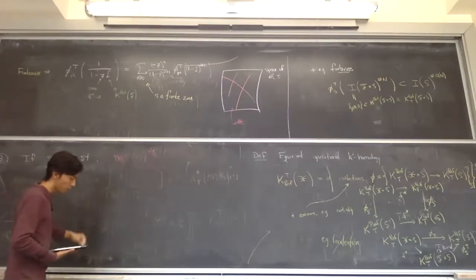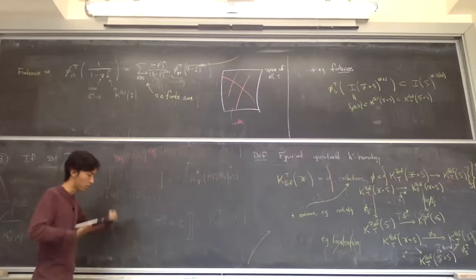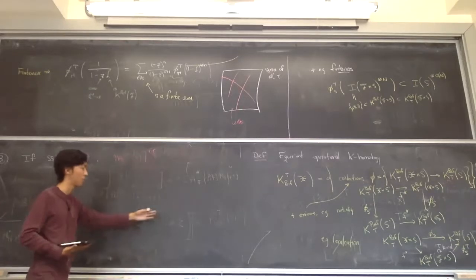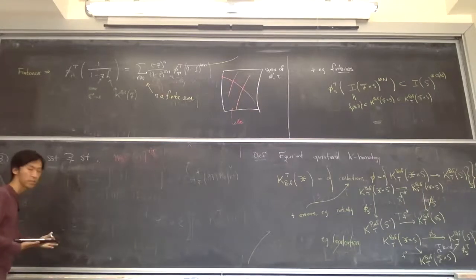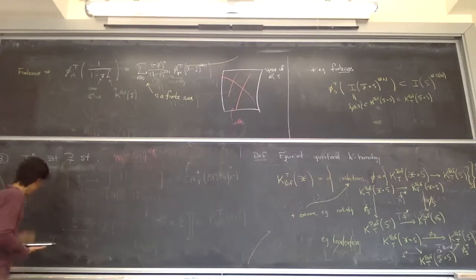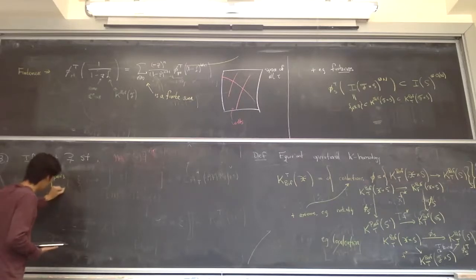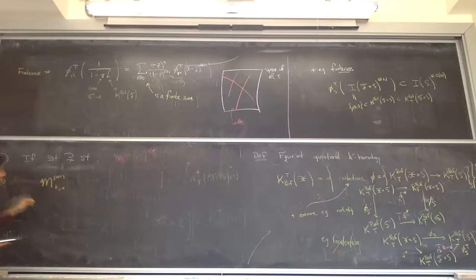And how this went originally in Joyce-Song, and how it also went in Joyce, and how it will keep on going probably until the end of time, is you're going to construct some kind of auxiliary stack, some auxiliary M, we'll call M pairs. And it will be indexed also by alpha and by an additional integer k. And we're going to think that k is some pretty big integer.